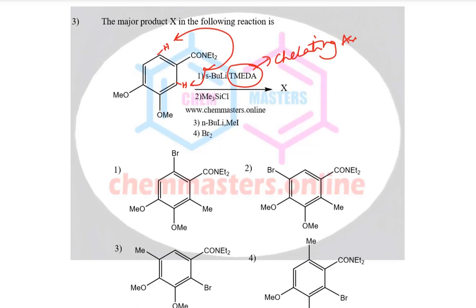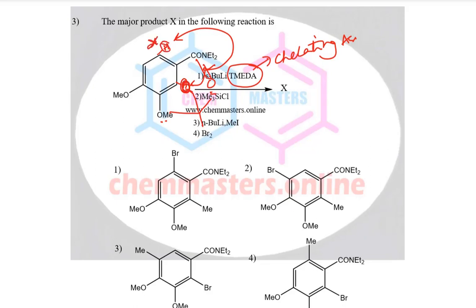Okay, so tetramethylethylenediamine can chelate with the lone pair of electrons on the methoxy oxygen and interact with this amide oxygen, and here is the chelation. So the secondary butyl lithium should only abstract this acidic proton, not this proton.